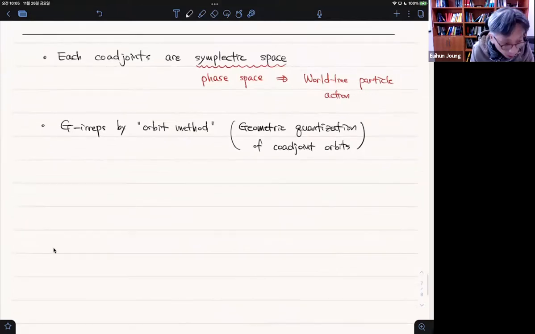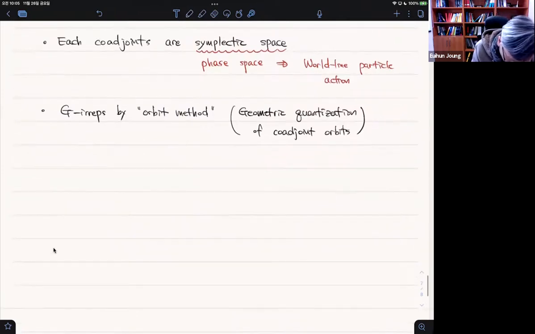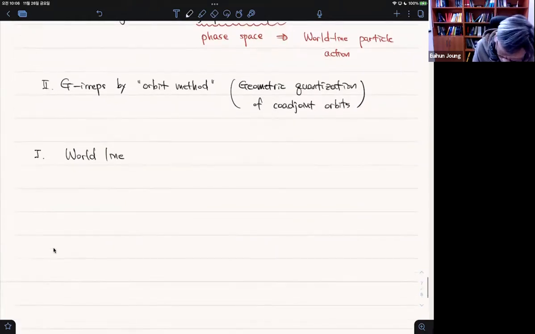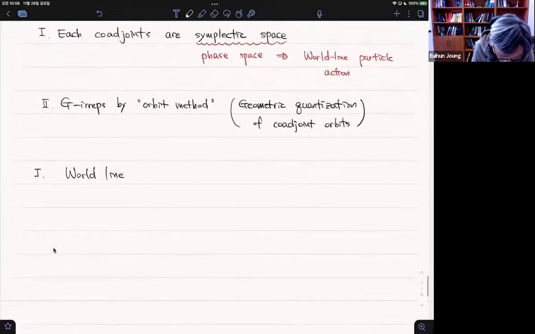So the first thing is that we will begin with this worldline particle. Maybe let's put 1 and 2. So essentially what we can do is that this worldline action, we can immediately write down like this: phi and then G inverse dg.